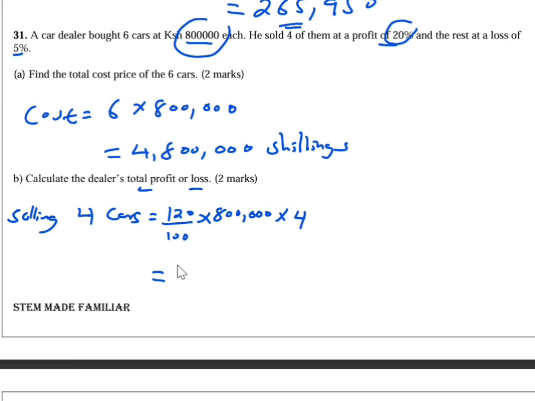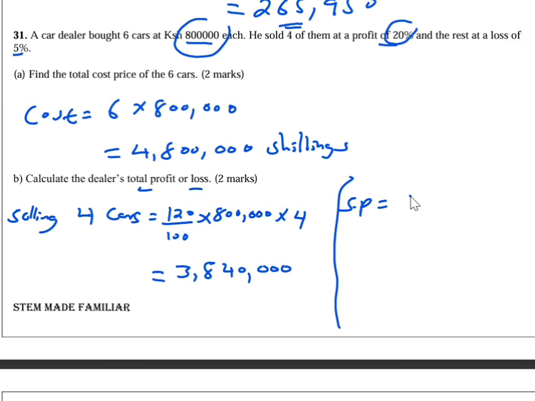Utapata, aliuza, pesa itakuwa ni 3,840,000 shillings. Hiyo ni ya selling four. What about the 2 cars? So for the two cars, selling price will be at 5% loss. So remember, kama ni loss una subtract.